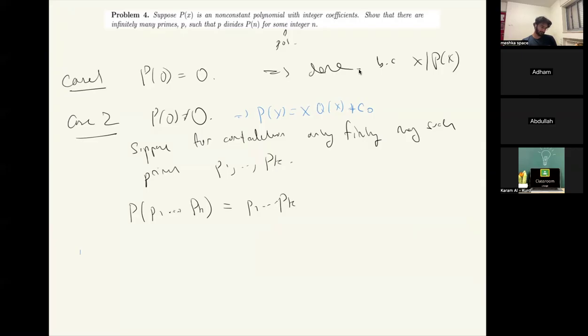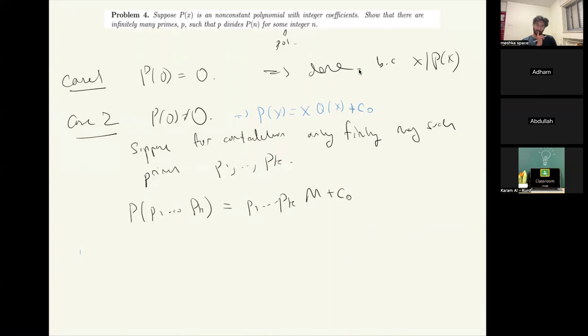And now we plug in x equals the product b1 up to bk. Factor from c sub 0.